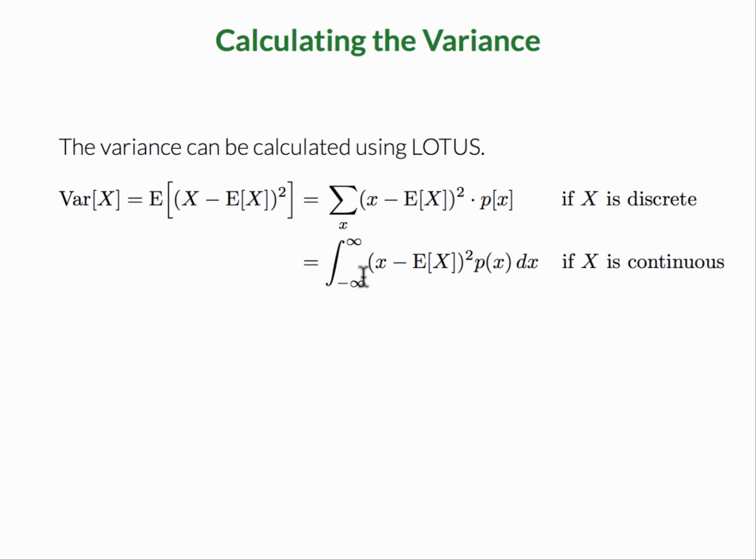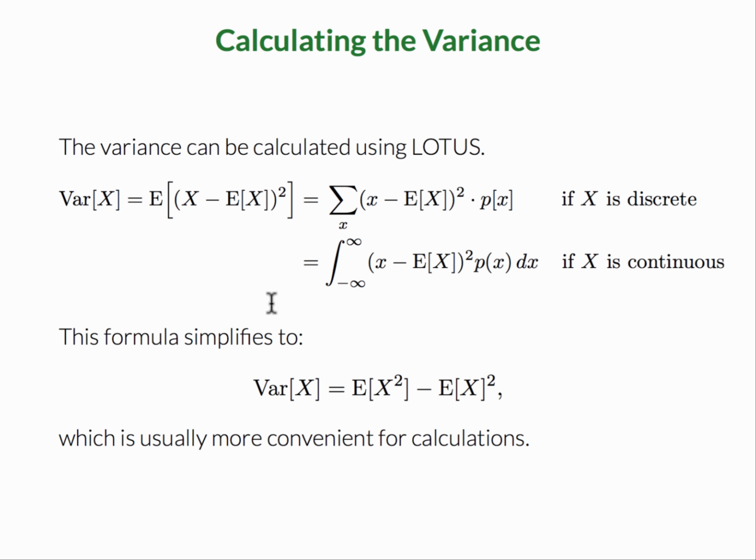Now, if you actually expand this square and simplify, you'll see that this formula for the variance simplifies to the following: the expected value of the square of the random variable minus the square of the expected value. This second term is easy to calculate. You just calculate the expected value and then square the result.